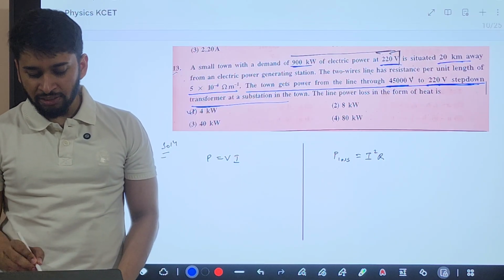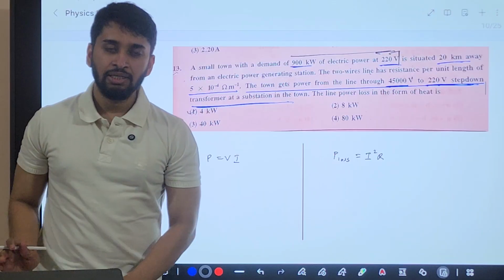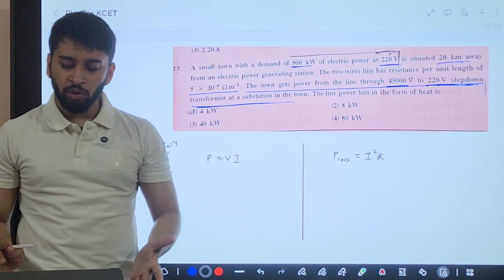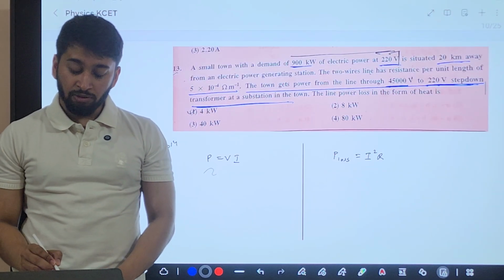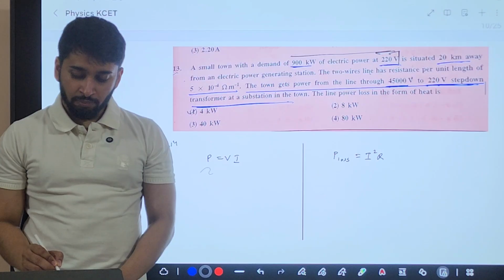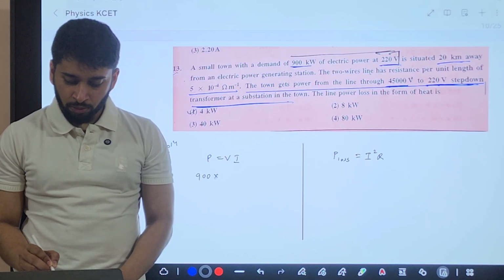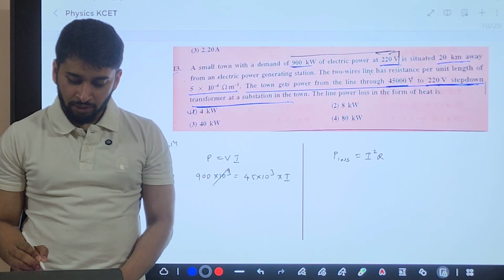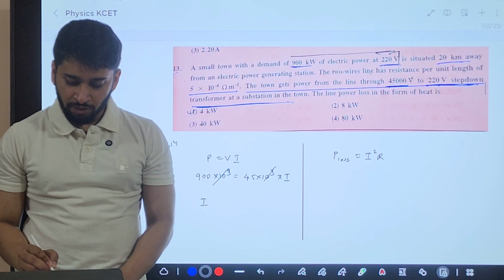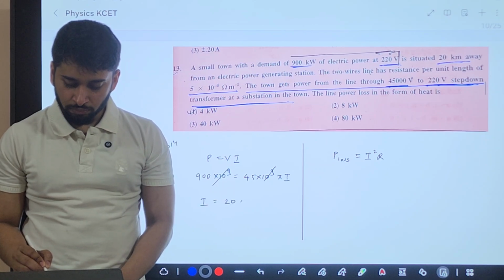So the step down is happening near the town, whereas during transmission the voltage is 45,000 only. So mistake there. So power is 900 into 10 to the power 3. Voltage is 45 into 10 to the power 3, I can write, into the current I. So this gets cancelled. Current will become 900 by 45, which will become 20 ampere.